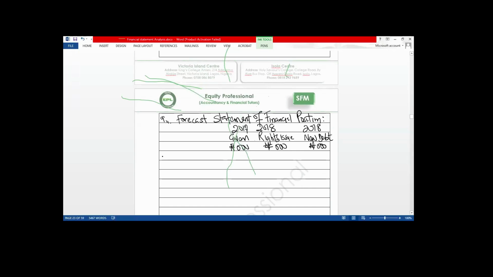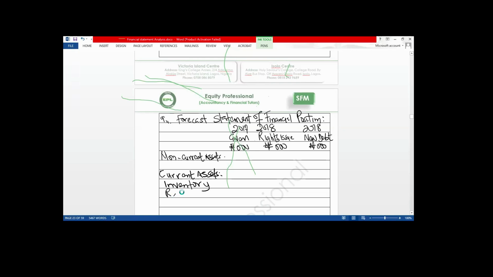Normally, we are going to start with non-current assets. We don't know that yet. Then we have the current assets. Under it, you have inventory. We don't know this yet.